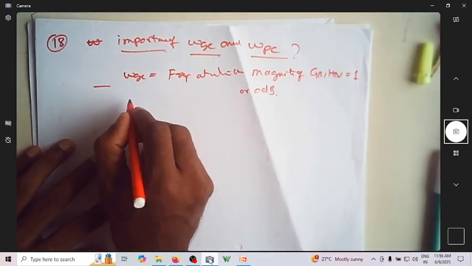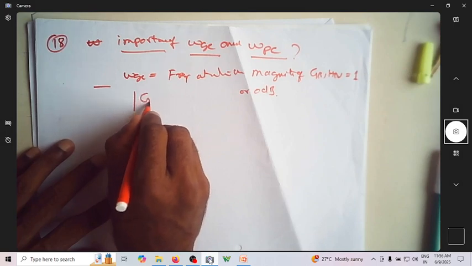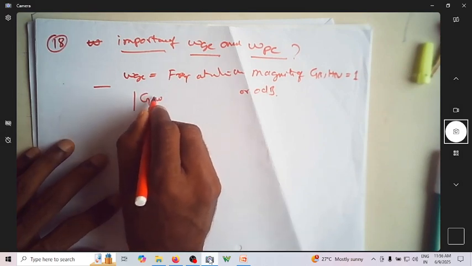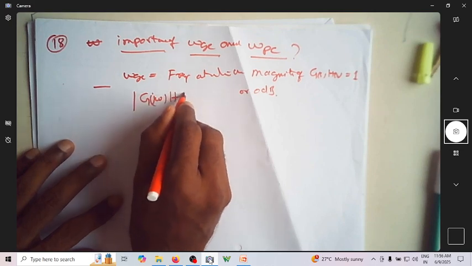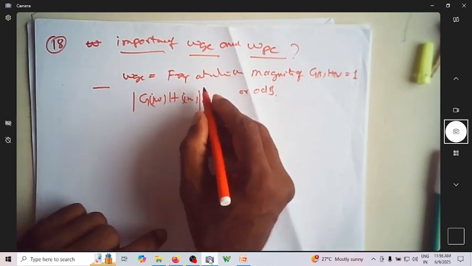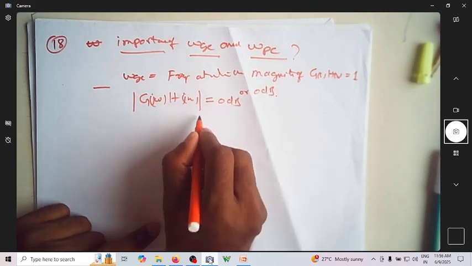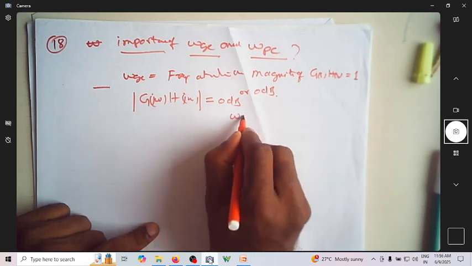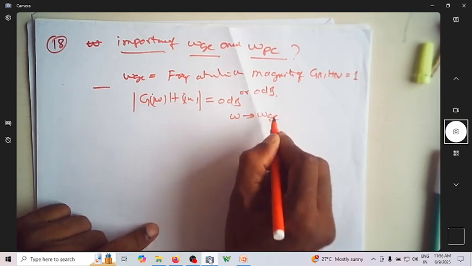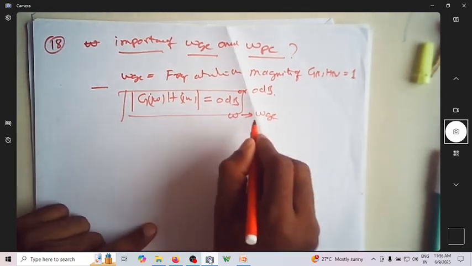That is, the magnitude of G(jω)H(jω) is equal to 0 dB. The frequency which corresponds to this 0 dB magnitude is nothing but omega GC.